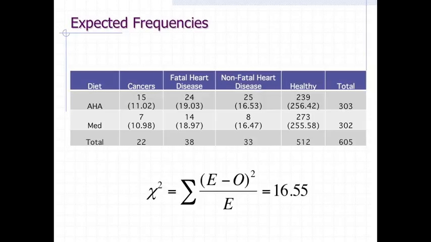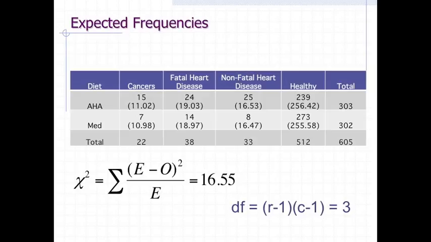The square of 3.98 is 15.84. Dividing this by the expected frequency of 11.02 gives 1.437. The chi-square is the sum of these calculations for the 8 cells. For these data, chi-square equals 16.55.